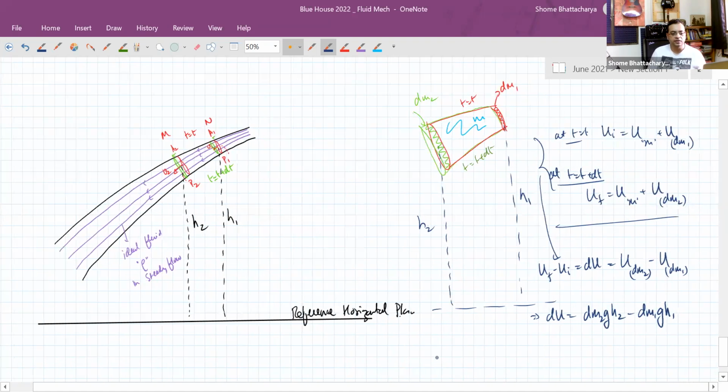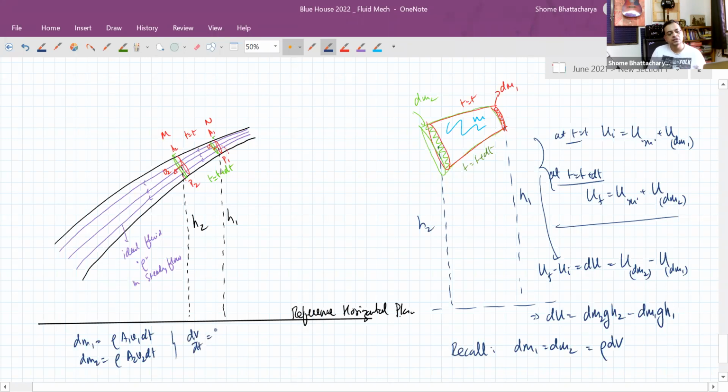Now again recall that dm1 is equal to dm2, which is basically equal to rho dv, because we have that relation that dm1 is equal to density into a1 v1 dt, and dm2 is equal to density into a2 v2 dt, and dv by dt is basically a1 v1 or a2 v2.